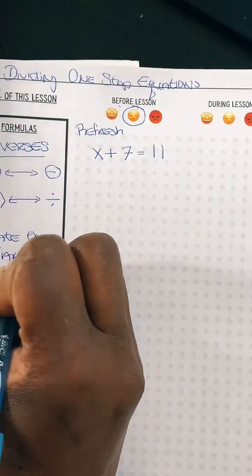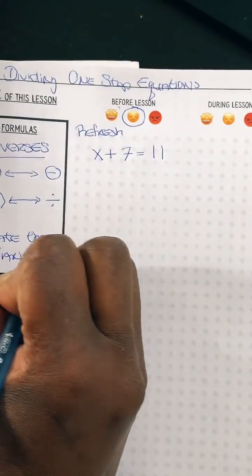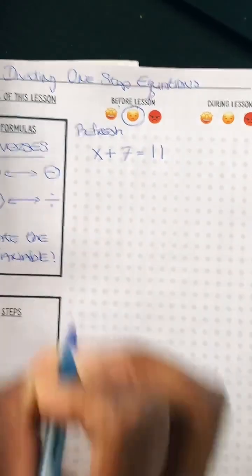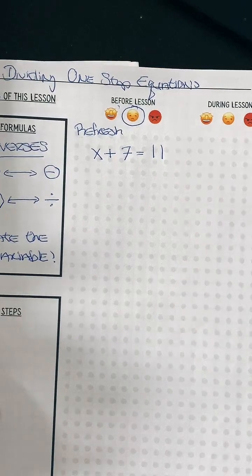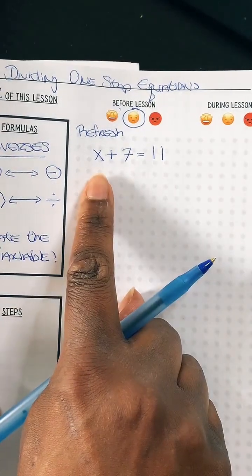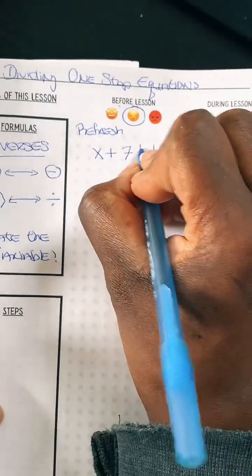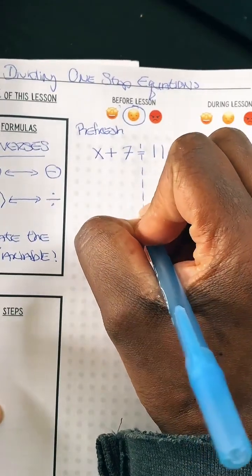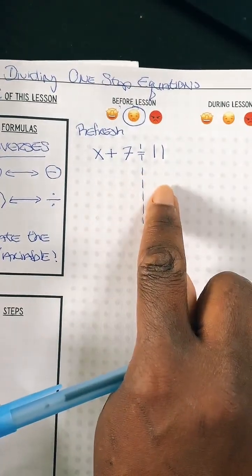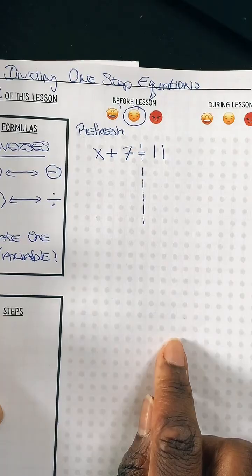So anytime you're trying to solve an equation, you want to isolate that variable. That is our goal. That means we want the x on one side of the equal sign by itself, and our constants and everything else on the other side of the equal sign.